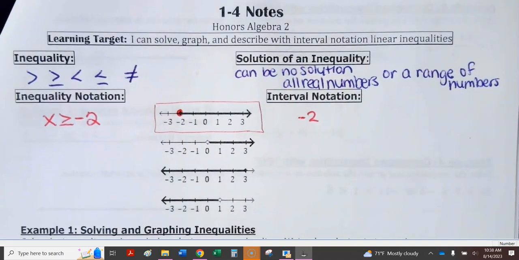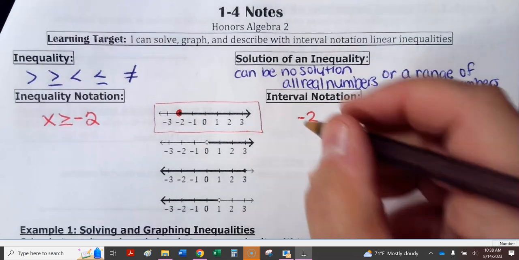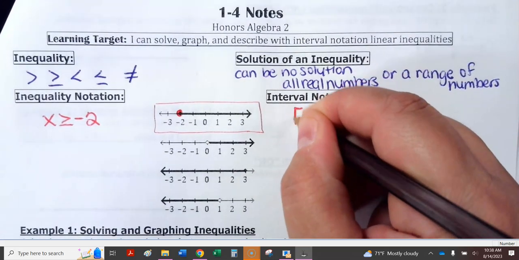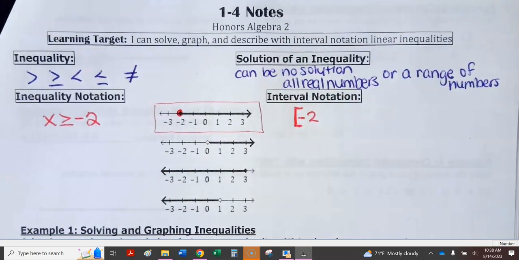Now, they're going to have a grouping symbol around it. If it's a solid circle, means I touch that point, then you put a little bracket. It looks like a rectangle that you just draw half of, but it's a hard edge little side. That's a bracket. That means we actually touch that number.